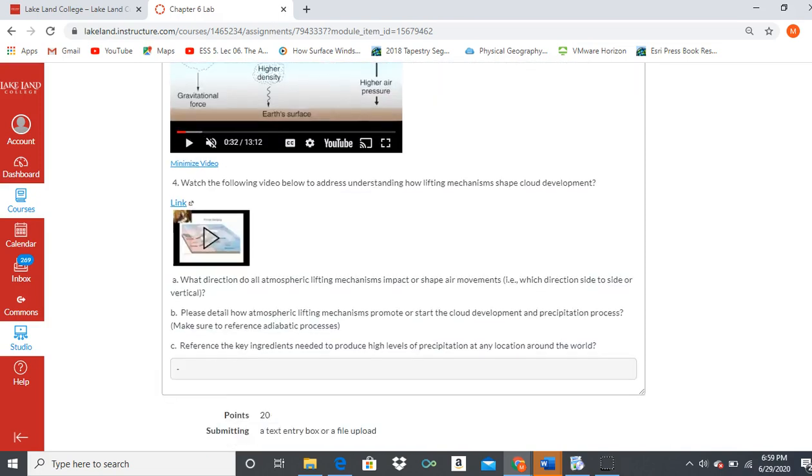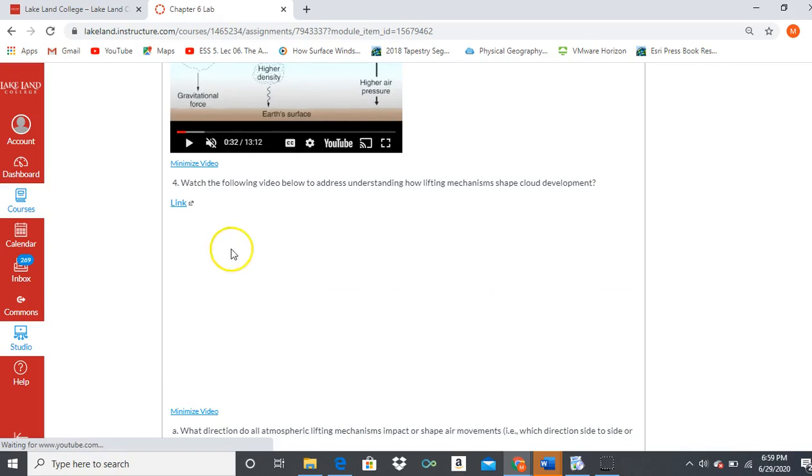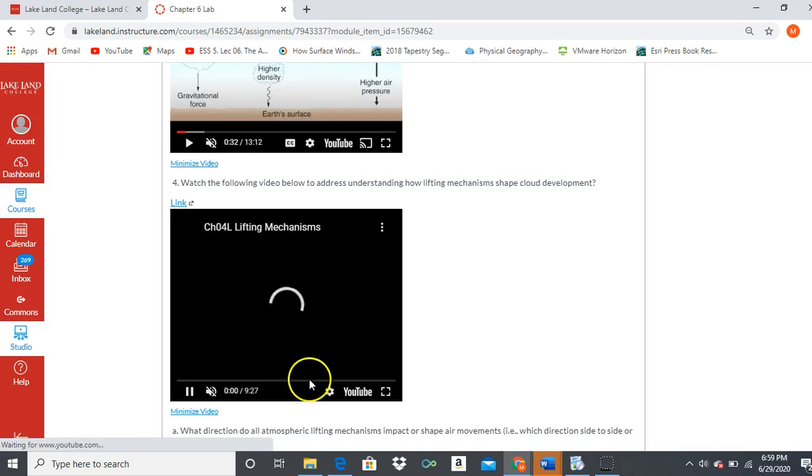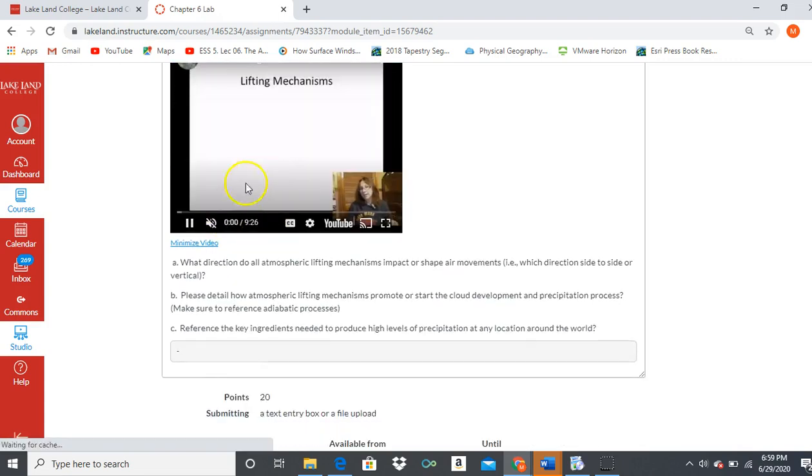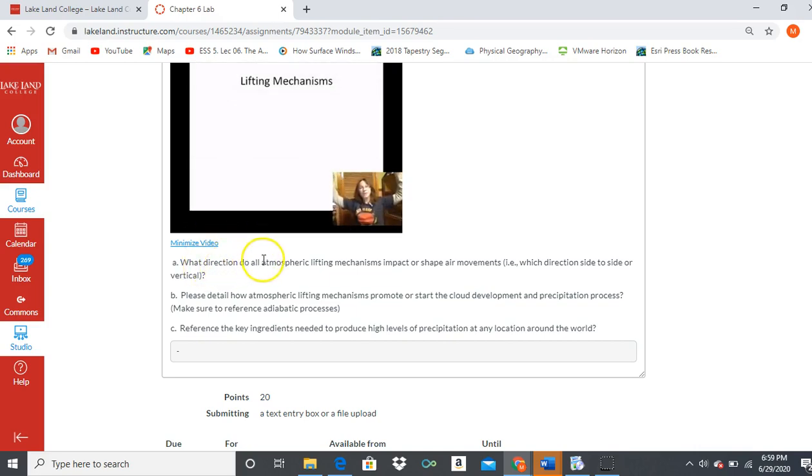Question set 4 is basically talking about how you get cloud development and rain to begin with from the get-go. And we talk about lift. All three questions are basically about how lifting mechanisms initiate and start the cloud development process. And this instructor really foreshadows that all lifting mechanisms have one thing in common.